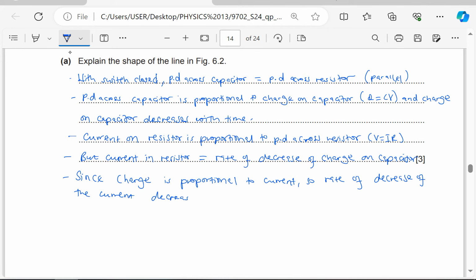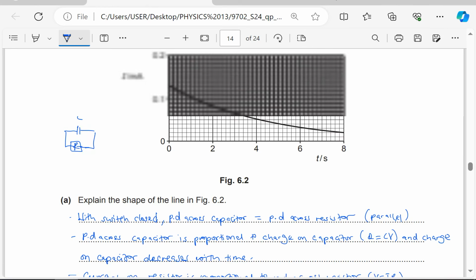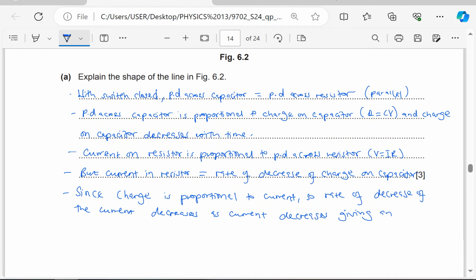So the rate of decrease of the current decreases as the current decreases, giving, I think, an exponential shape.